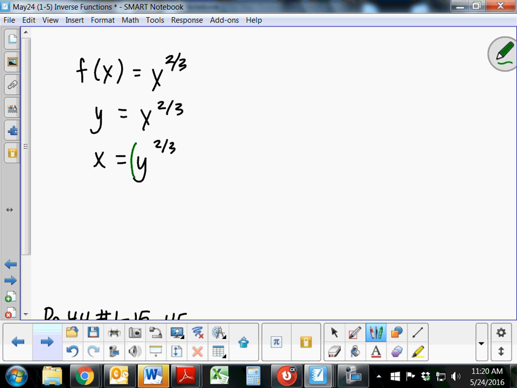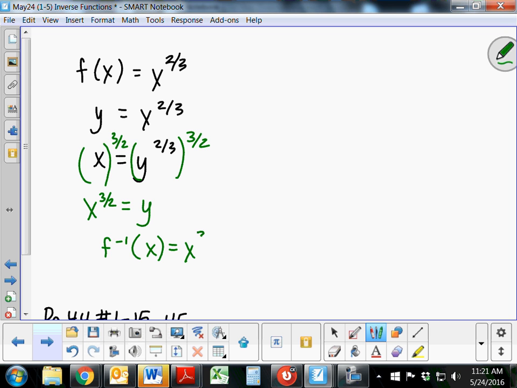He's choosing to raise this to the 3/2 power, because what happens when you raise it to the 2/3 power and then to the 3/2 power? It's just x. So his goal was to get y by itself, and he did that. But if he does it on the left, he has to do it on the right. And so y, in the inverse, would be equal to x to the 3/2 power. So the inverse of the function is equal to x to the 3/2 power.